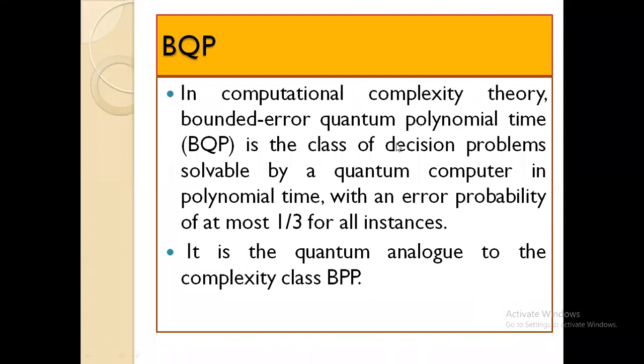In computational complexity theory, BQP is the class of decision problems solvable by a quantum computer in polynomial time, with an error probability of at most 1/3 for all instances. I know that you are already aware of decision problems, or non-decidable problems, those which cannot be decided.